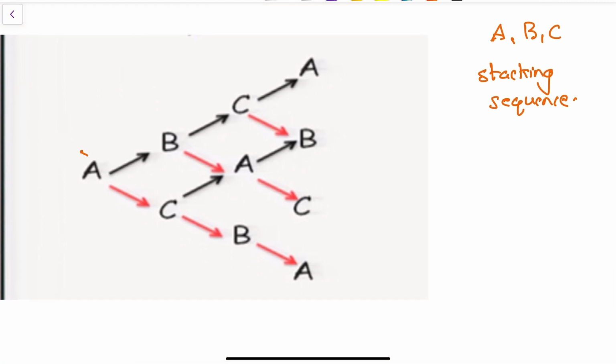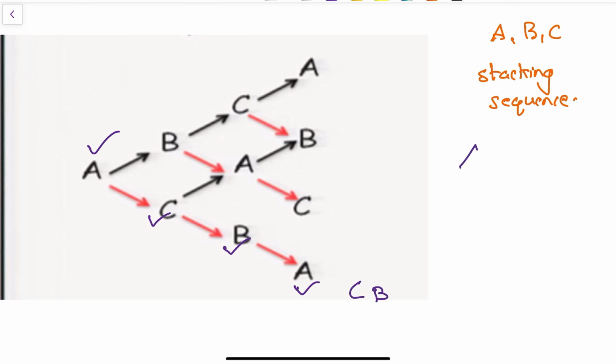First I can go to A, then B, then C, then A, B, C, like that. Or I can go in a different way: A, B, A, B, like that. Or I can go a different way: A, C, B, A, C, B, like that.